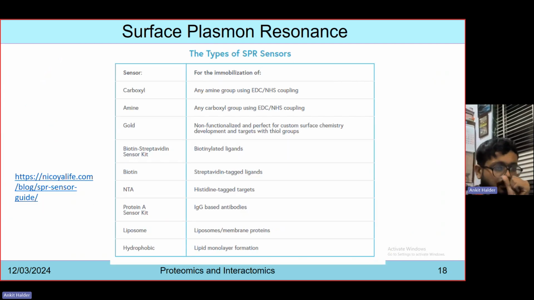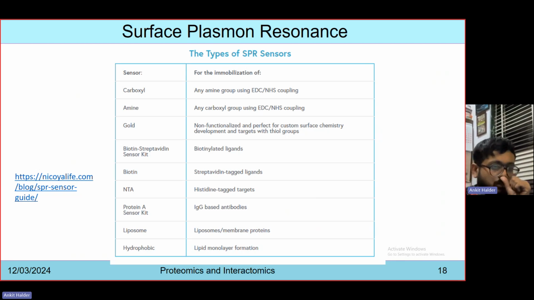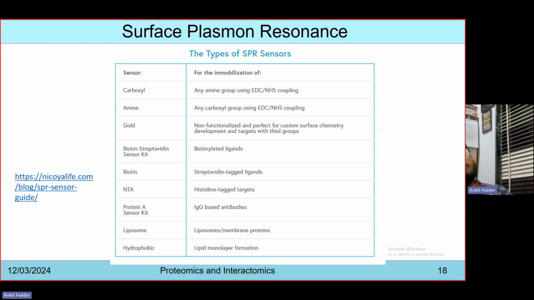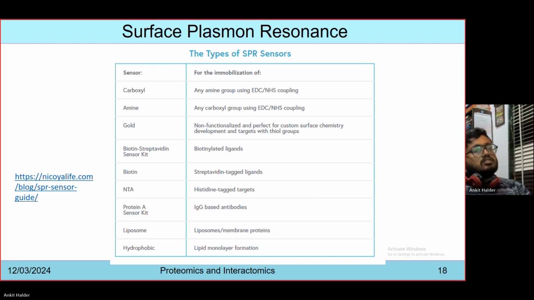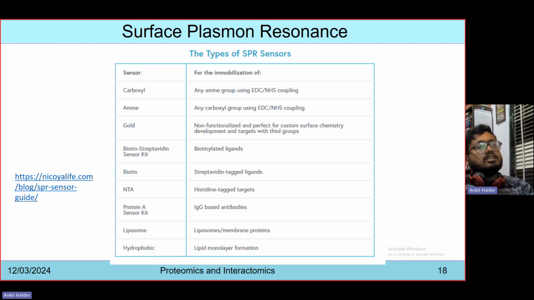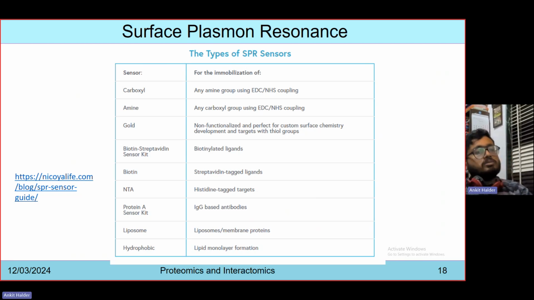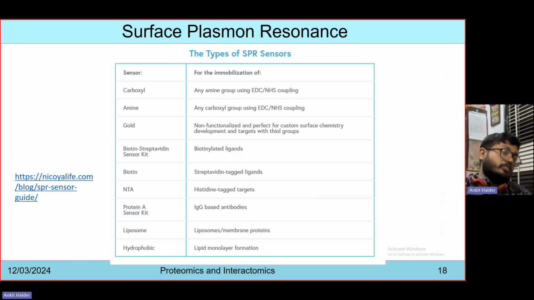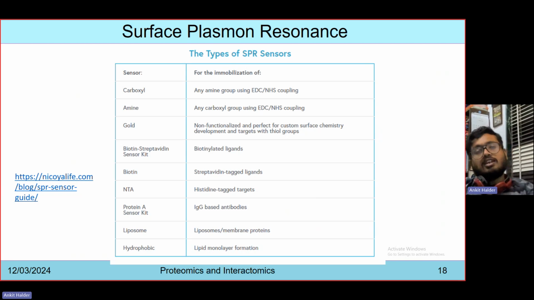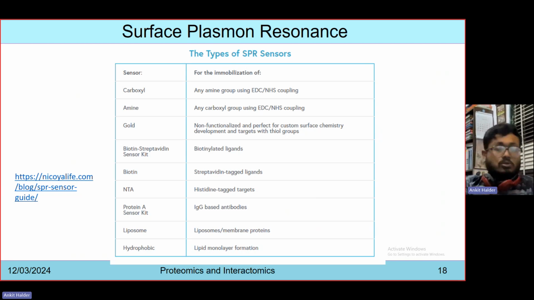So now again, just giving you a brief of the sensors we have read about. The carboxyl, amine, gold, biotin, NTA, proteinase sensor kit, liposome, hydrophobic, all these are there, apart from what we have read, like the carboxymethylated dextran, CM5, CM4, C1, SA, NTA, HPA, gold.